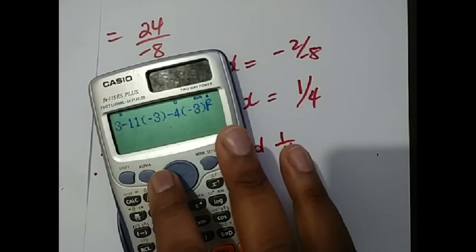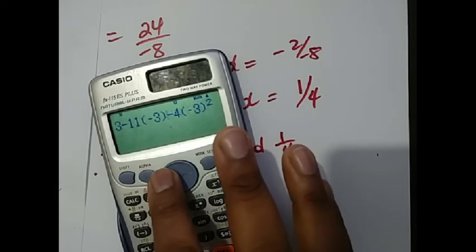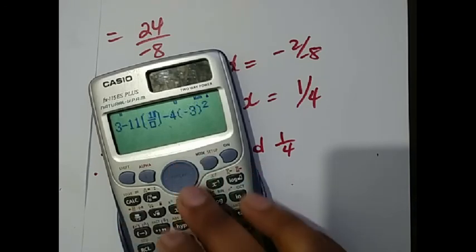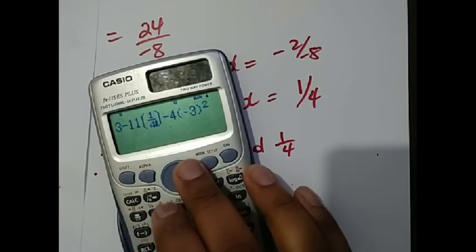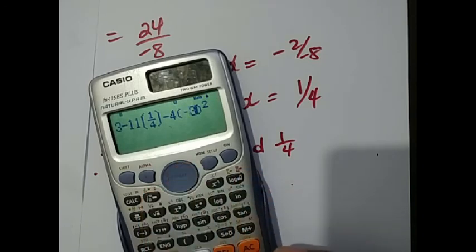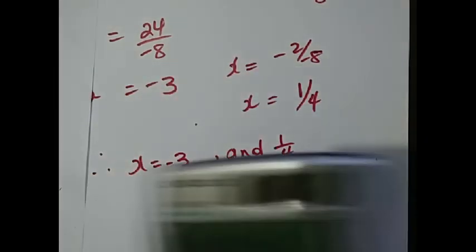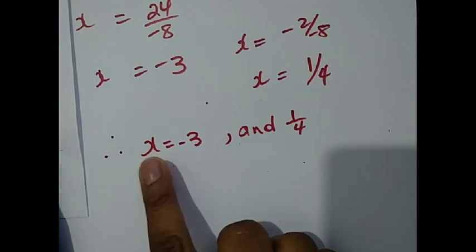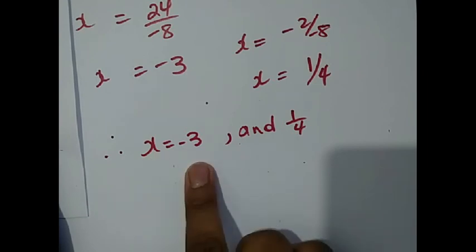So we can test it now for the positive 1 over 4. And that too is also true. So therefore, the values of x are negative 3 and a quarter.